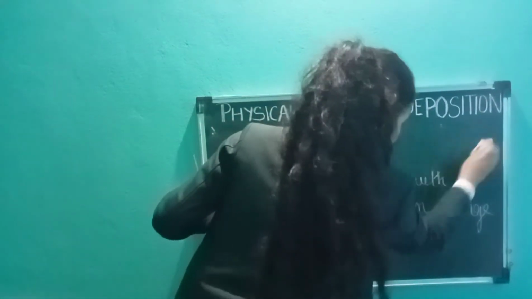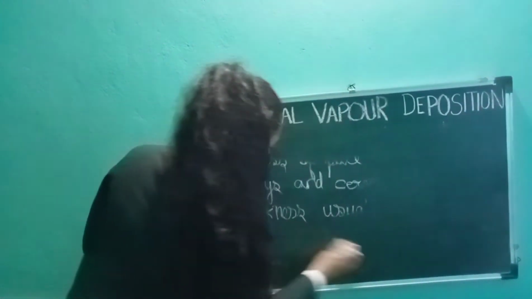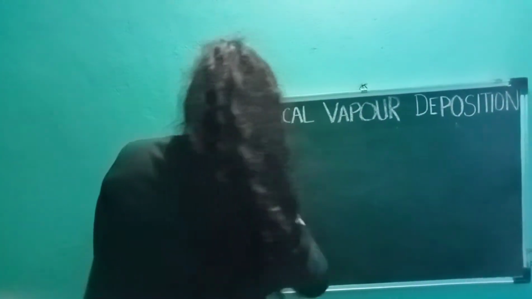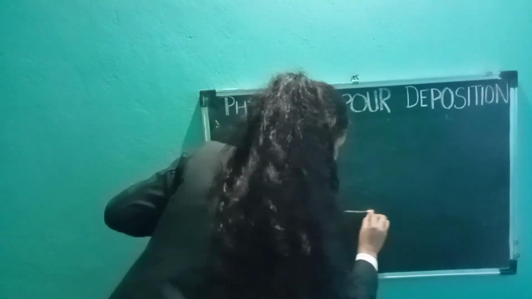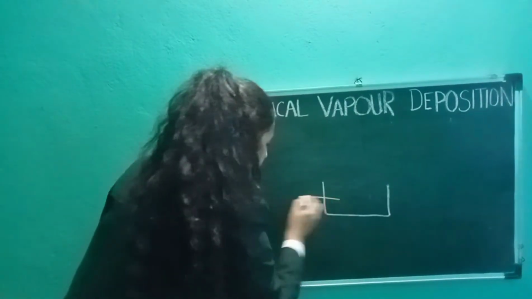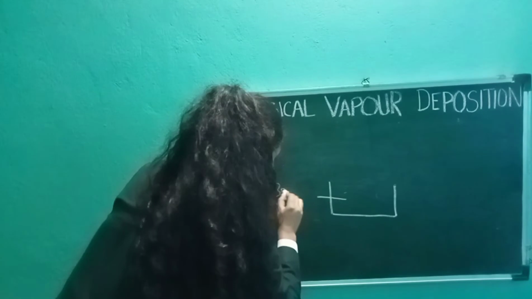So, let us see the diagram. Let it be a vessel and a source.